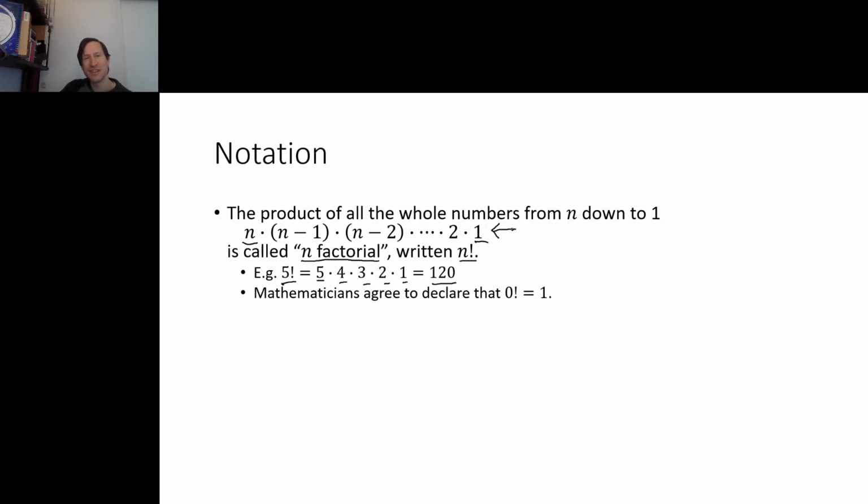It seems like, using this definition for the factorial, 0 factorial wouldn't make sense, but mathematicians have all agreed that 0 factorial should be 1. The reason for that is it makes lots of other formulas that have factorials in them make sense if you just declare that 0 factorial is 1. So that huge product from 100 times 99 times 98 and so on down to 2 times 1, another way to write this would be 100 factorial.